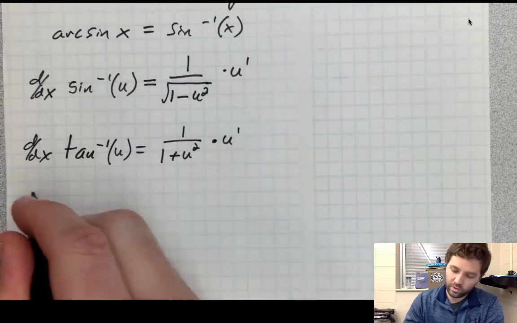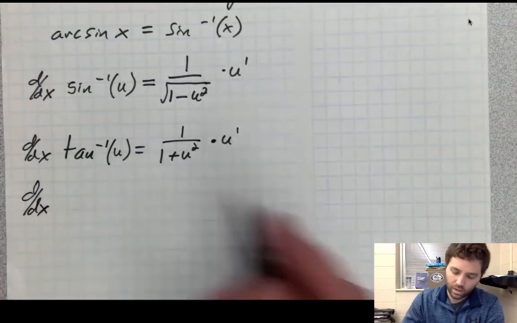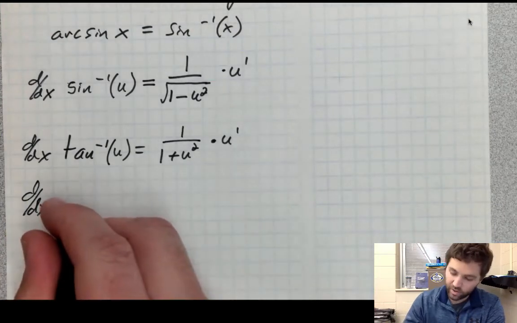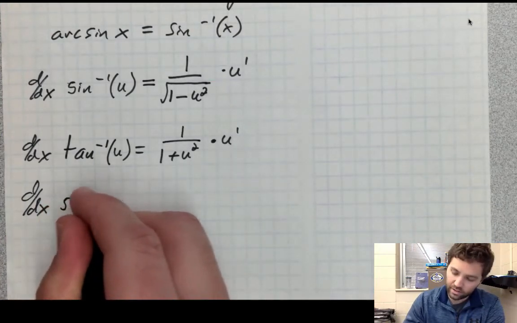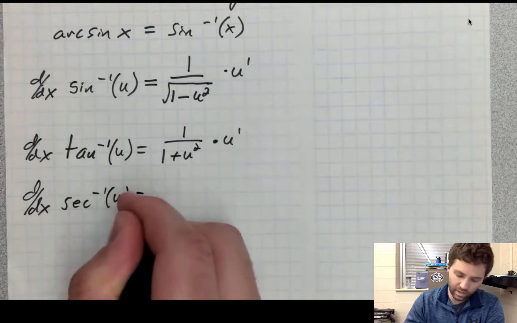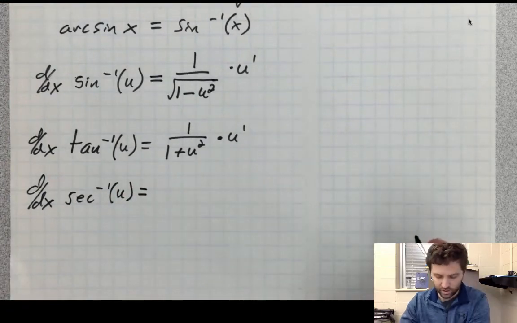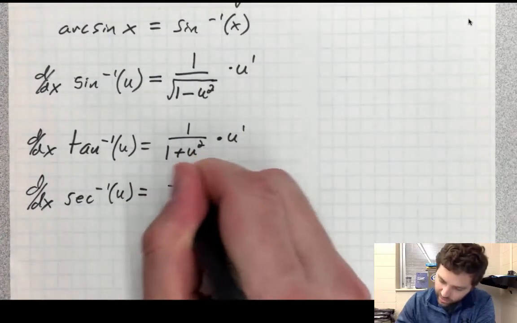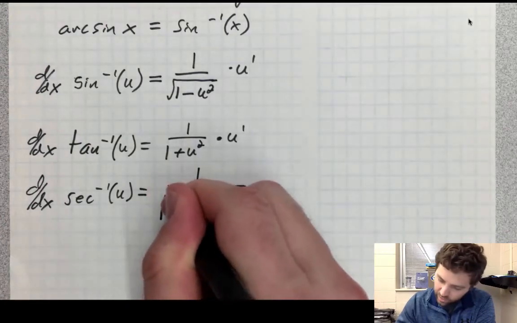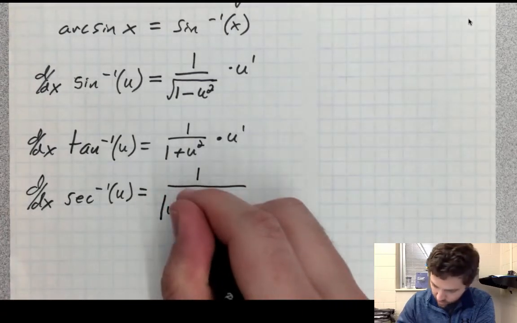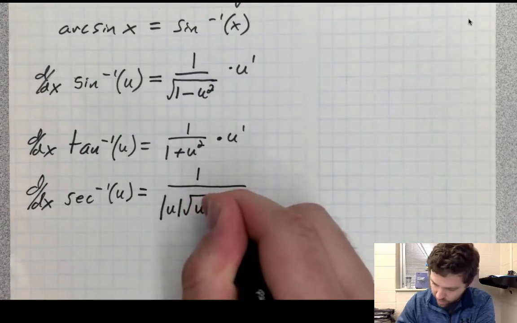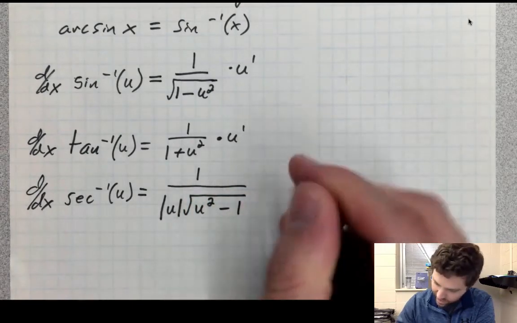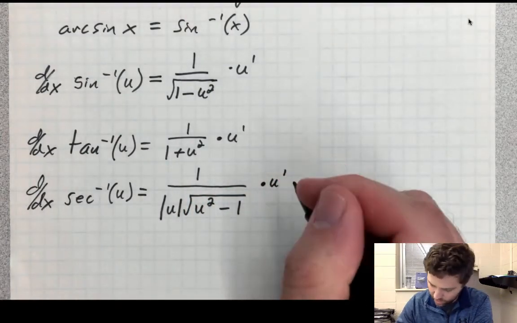And then we're going to go to secant. The derivative of inverse secant of u: now, if you thought the first two were bad, wait until you see this one. It is 1 divided by the absolute value of u times the square root of u squared minus 1, all of that times u prime.